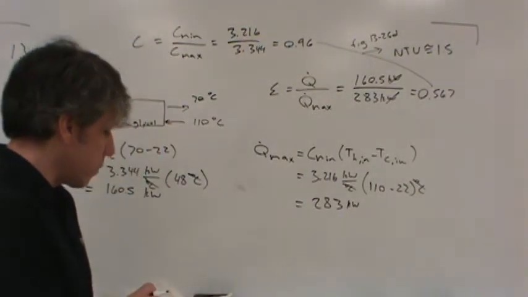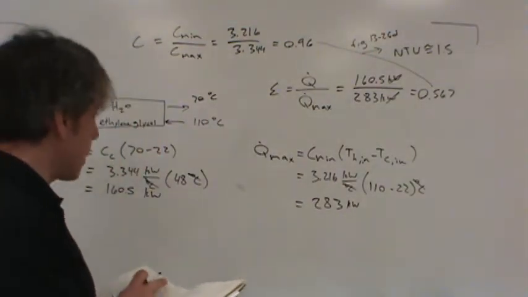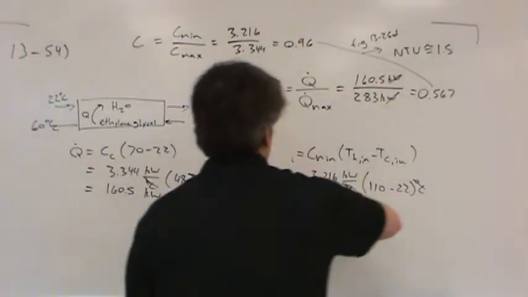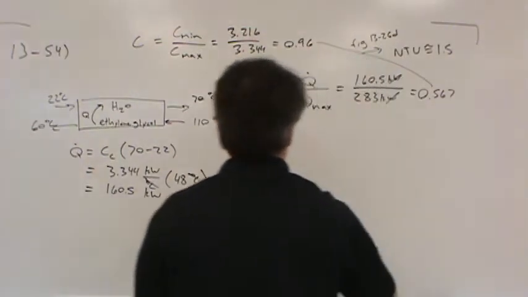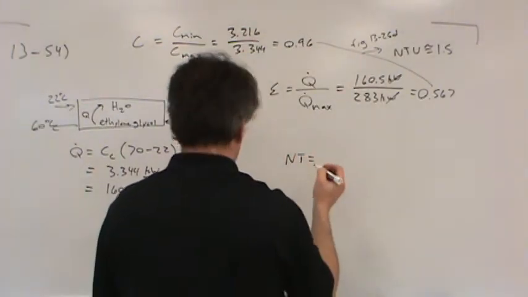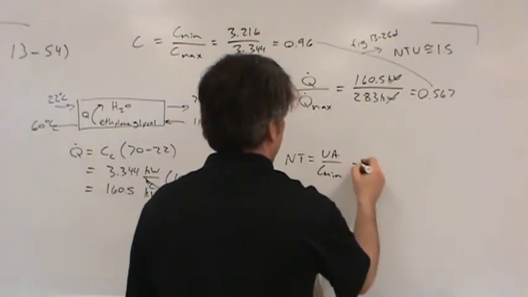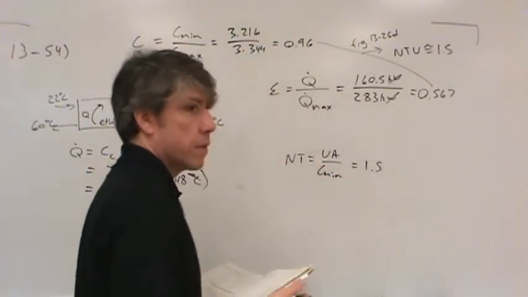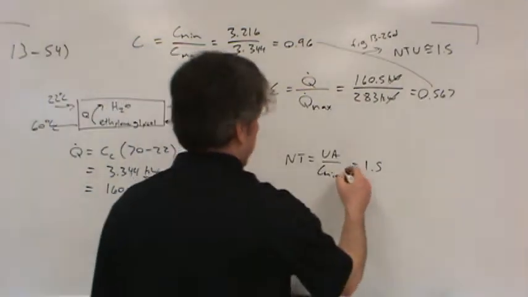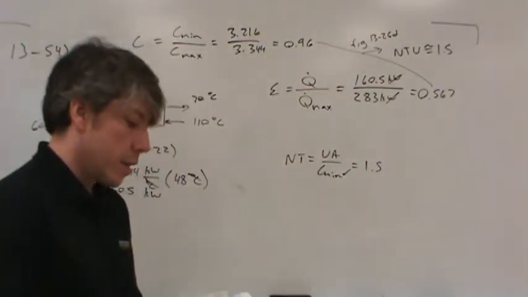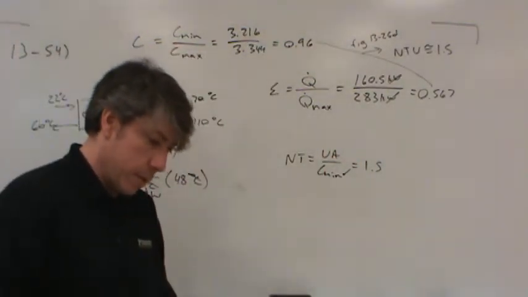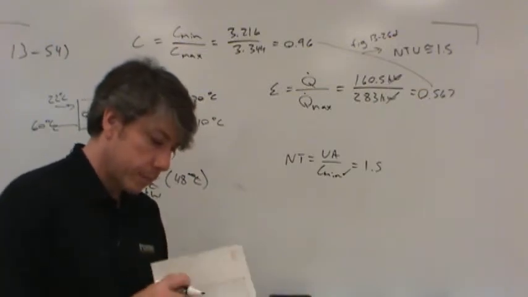This is where we get a whole lot of help, because the number of transfer units is actually UA over C min. Now we know the number of transfer units is 1.5. We also know C min, so we can get this UA product. Now, how did they word the problem?